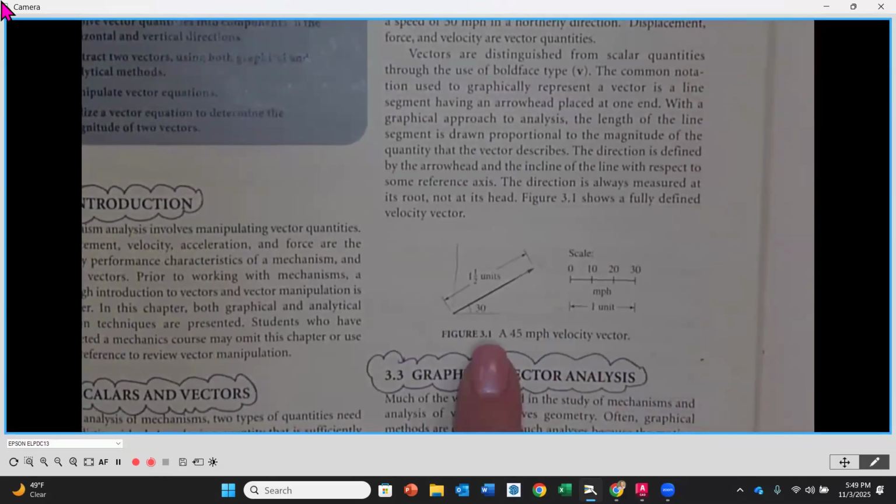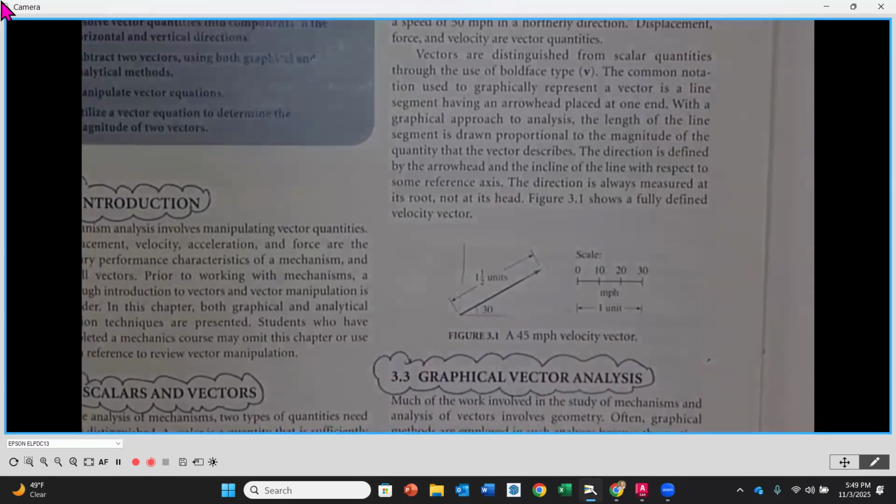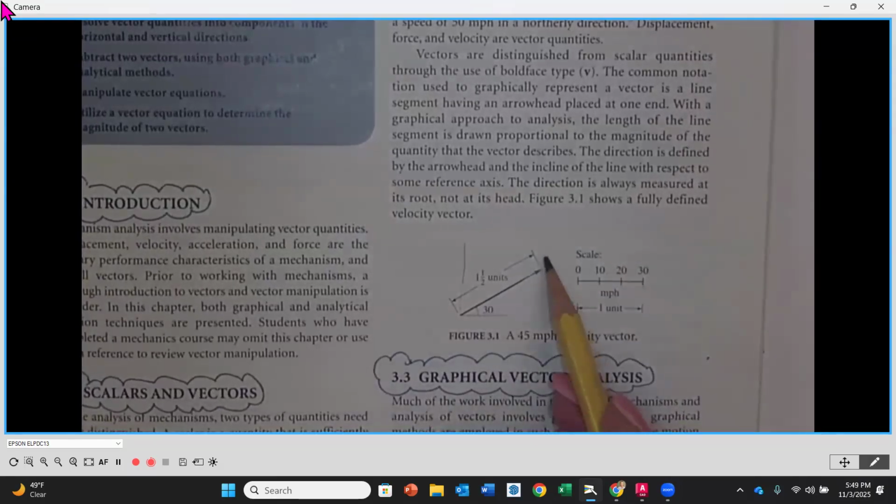So if we look here in figure 3.1, we have a line going up at 30 degrees. It is drawn 1.5 units long. That just means that that's its magnitude. The magnitude we draw to scale, and it's going to be the length of the line. And then to complete it, to call it a vector, it has to have an arrowhead.